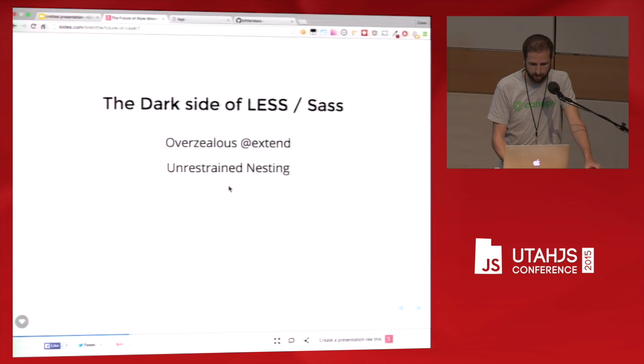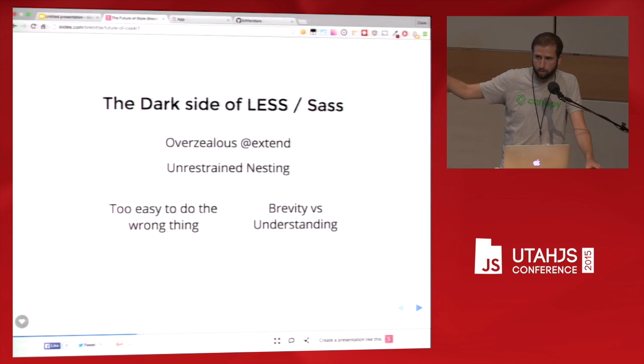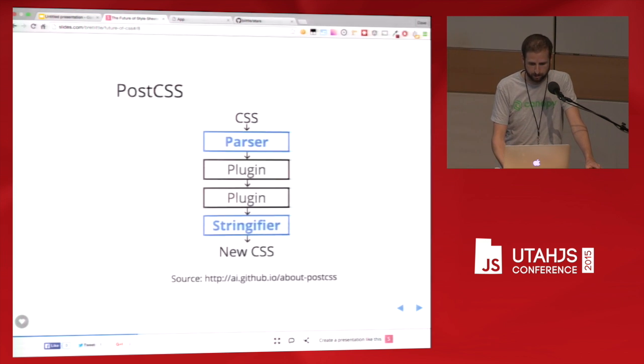The issue, I think, with these preprocessors is that it's just too easy to do the wrong thing. I feel like a framework or a technology should be easy and enable me to do the right thing, rather than encourage me to do the wrong thing. And this leads to a compromise between being terse and brief and future understanding and maintainability.